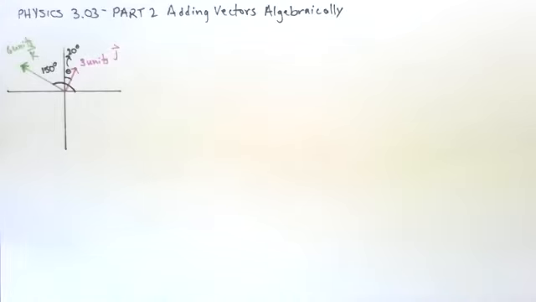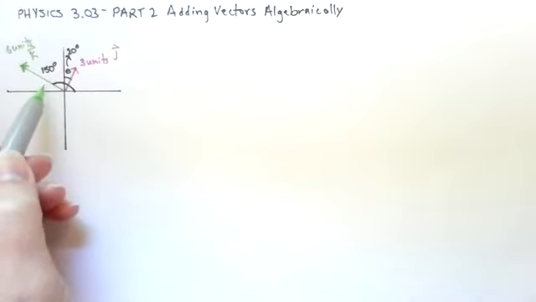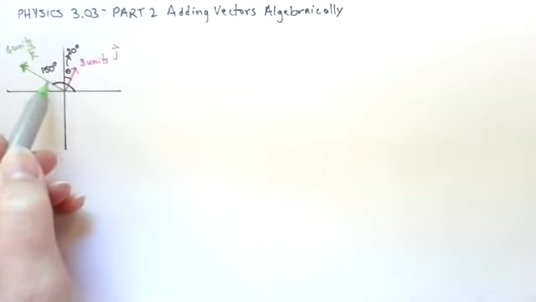Okay. So a couple of things that we can do. Let's start off with vector K. Usually you'll always pick a vector that's directly with an angle off of an axis. And so if I was going to resolve this, I would probably grab the 30-degree complementary angle here.